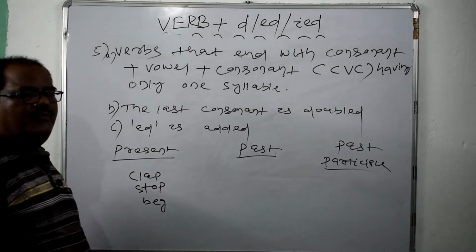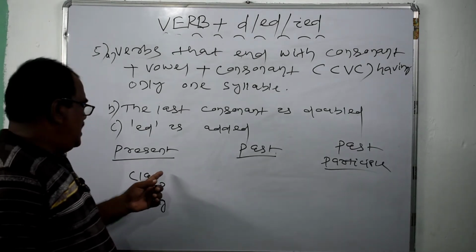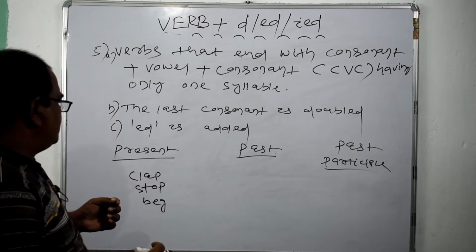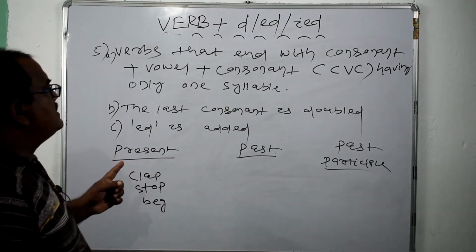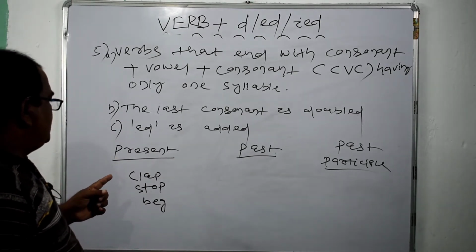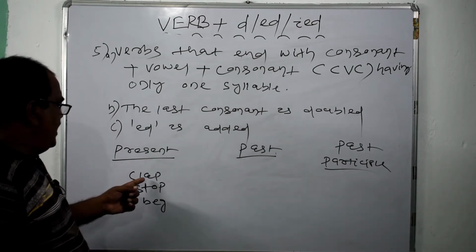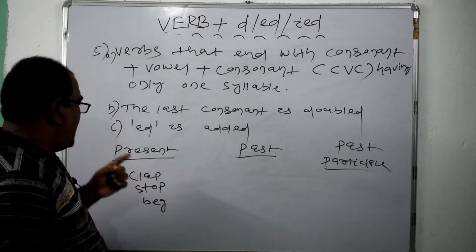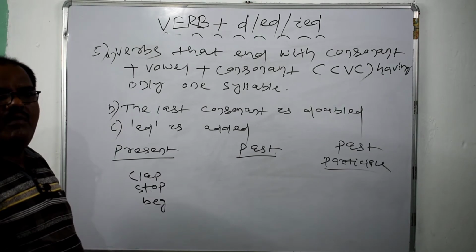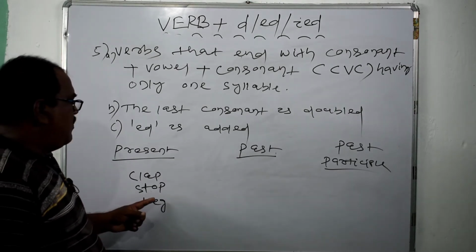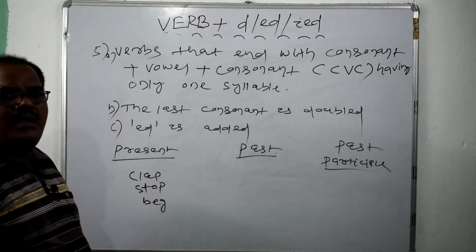Look at these verbs. Each of these verbs has only one syllable, as the vowel in clap, a clap, stop, beg.